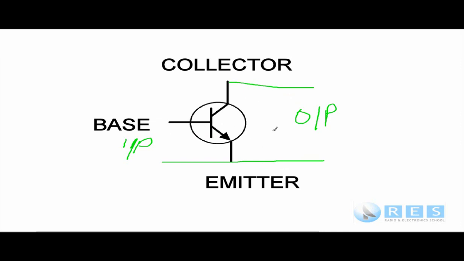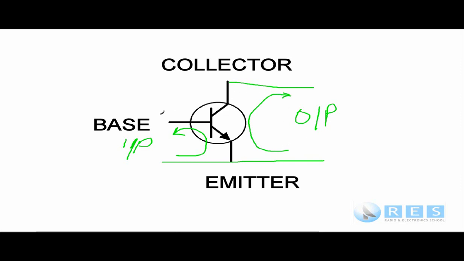A big help in remembering how transistors work is to remember that the currents, and there's only two, are the base emitter current and the collector emitter current. The base emitter current would flow in this direction, against the direction of the arrow in the symbol, and the collector emitter current or emitter collector current would flow in this direction, against the direction of the arrow.